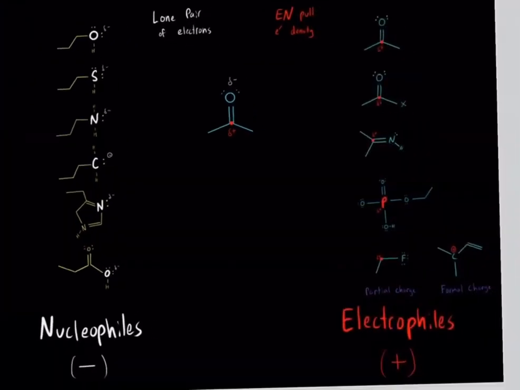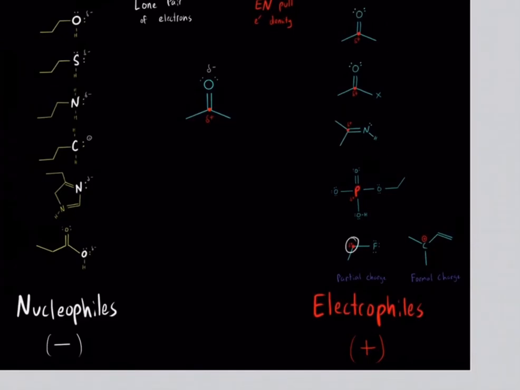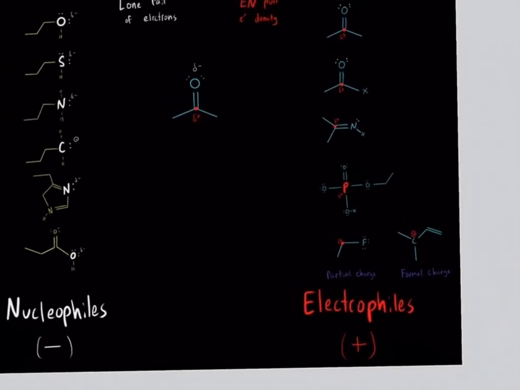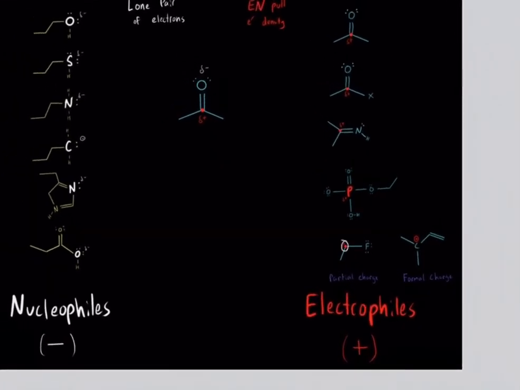But again, we know there's a difference between a partial charge and a formal charge. For example, this carbon and this fluorine, we know this fluorine is more electronegative, so this fluorine is stealing negative charge density. So we have this partial positive charge. But here we have a formal charge of +1, because we would find the number of valence electrons carbon's supposed to have, then find the number of valence electrons carbon actually has to find the formal charge.